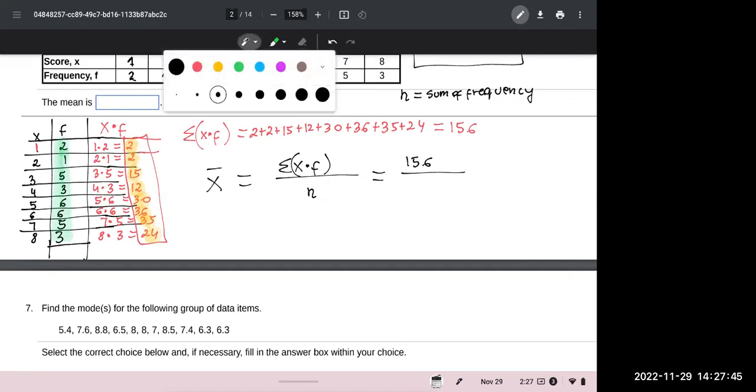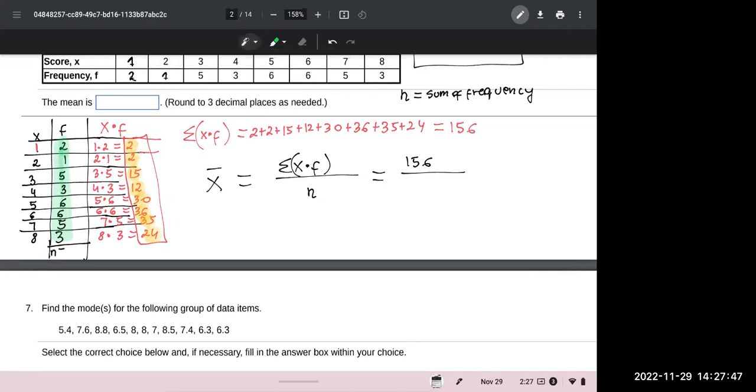Just remember, n is equal to, when I add all the frequencies together, 2 plus 1 plus 5 plus 3 plus 6 plus 6 plus 5 plus 3, 31. And the solution is 5.032.